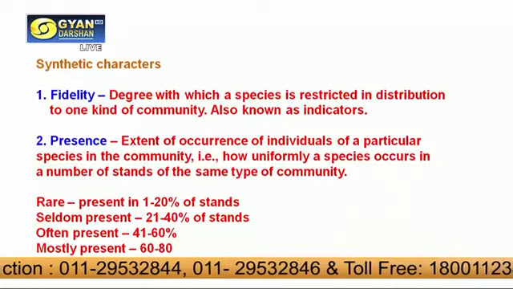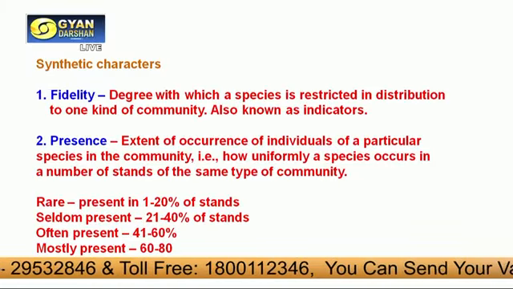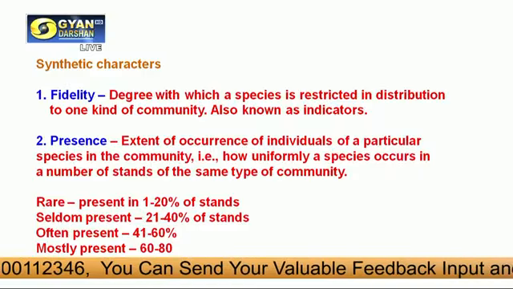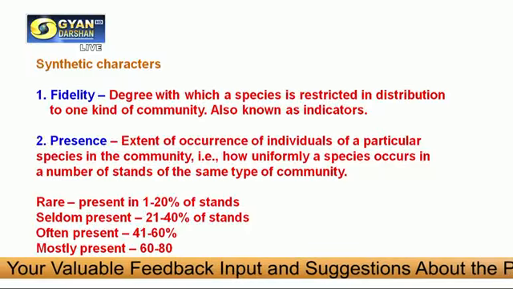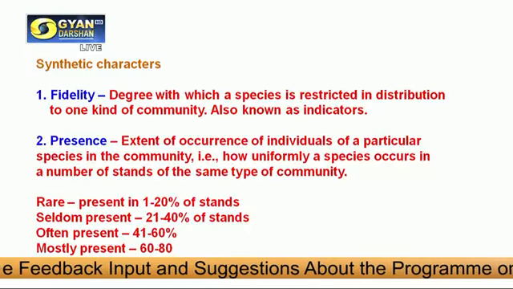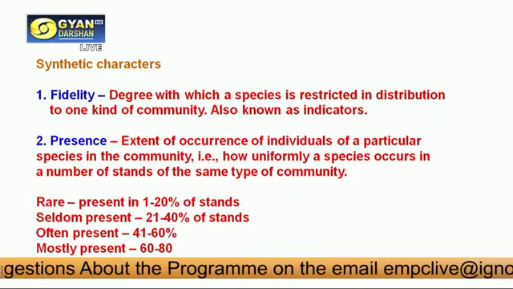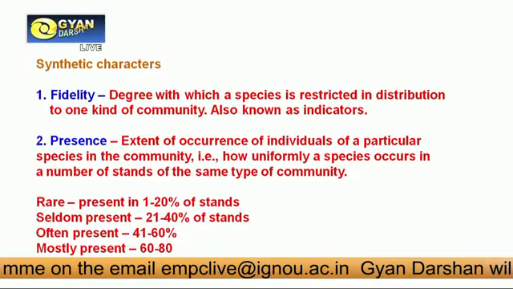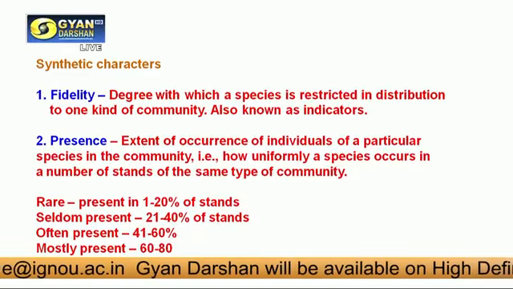Presence is the extent of occurrence of individuals of a particular species in a community, that is, how uniformly a species occurs in a number of stands of the same type of community. Again, rare, 1 to 20%, seldom present, 21 to 40%, often present, 41 to 60%, mostly present, 61 to 80%, and constantly present, 81 to 100%.